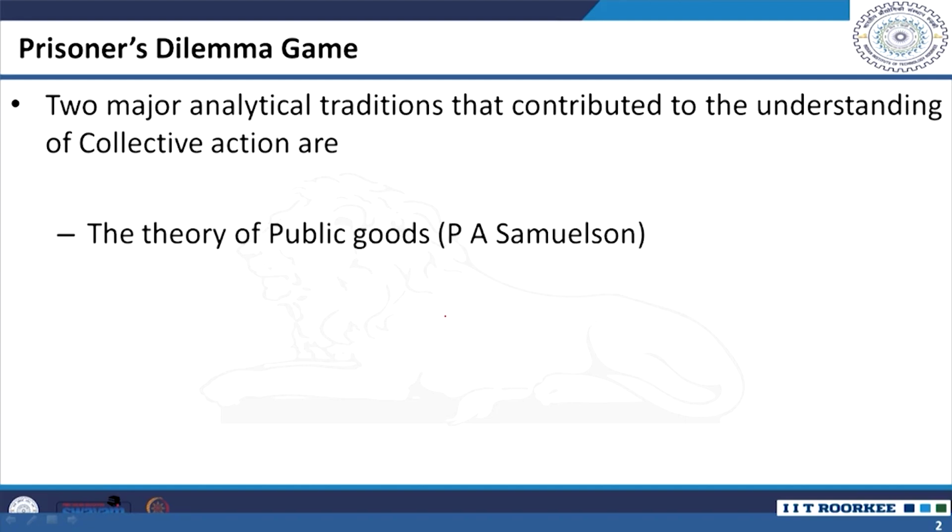If we are talking about collective action problems, then we have already understood the theory of public goods, because this theory helped in describing the characteristics that the collective good possesses, and it is because of these characteristics that public goods lead to some issues.